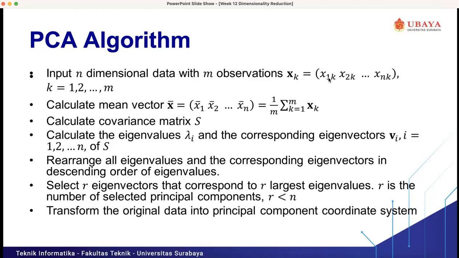So x1k, x2k until xnk represent one observation, right? We have n-dimensional data, the number of features equals n, and the number of observations equals m. So xk represents one observation in our data set.